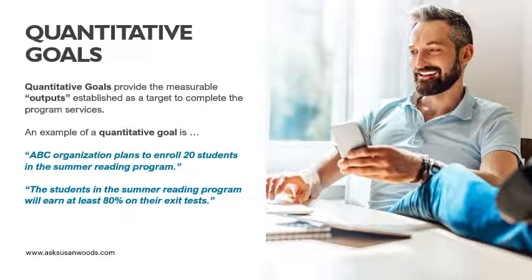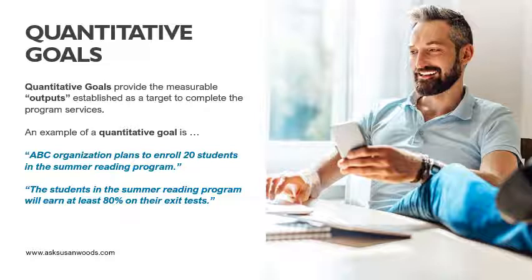Grant funders and other investors look at quantitative goals to determine the feasibility of those goals. And if they feel that they are feasible, then they will invest money in your organization in order to help you achieve those goals.